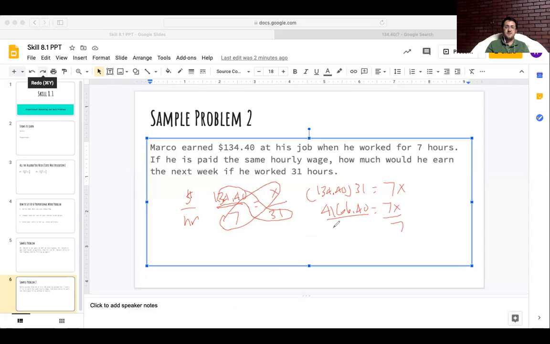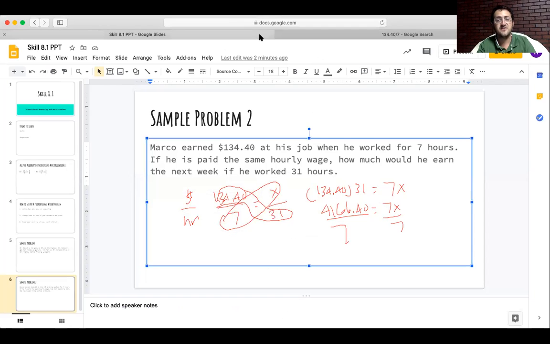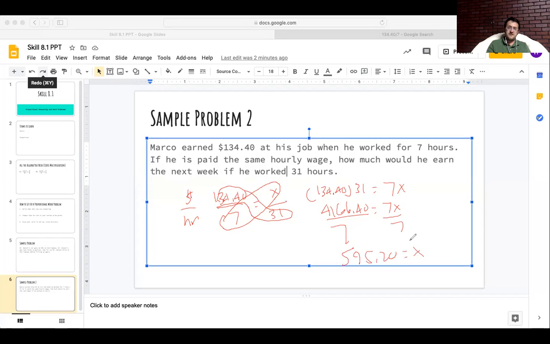I'm going to divide both sides by 7. And that gets me 595.20. And make sure that you do put units in.